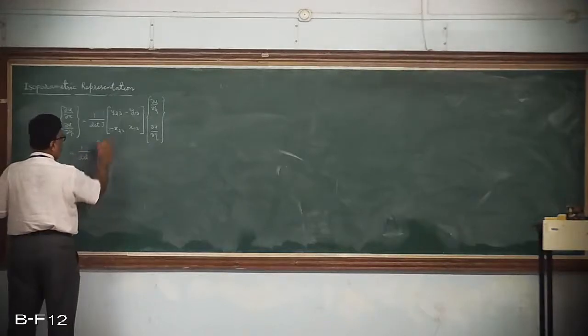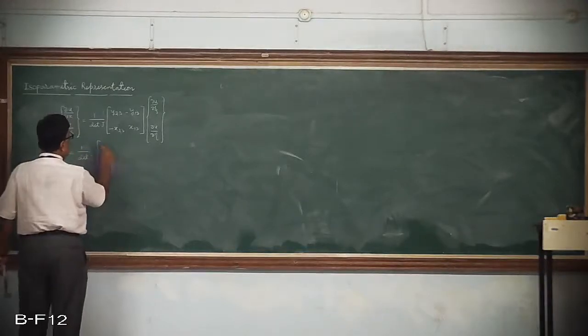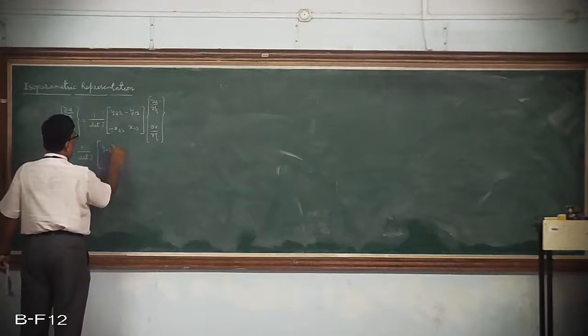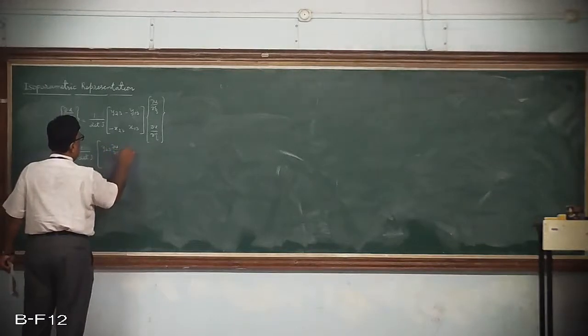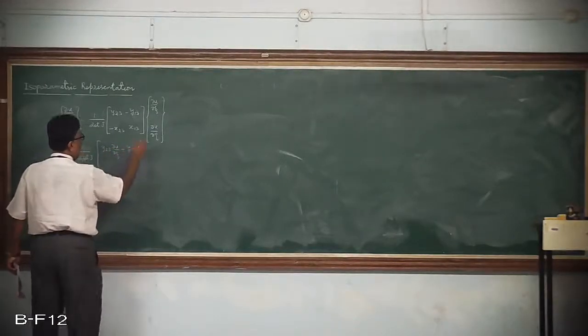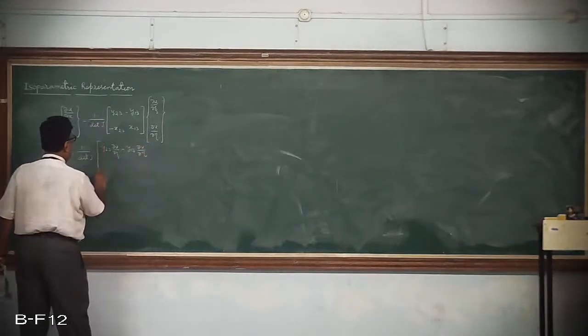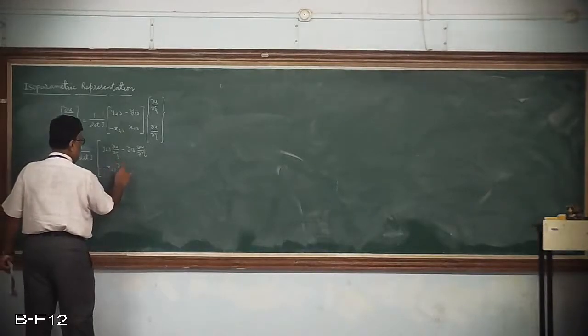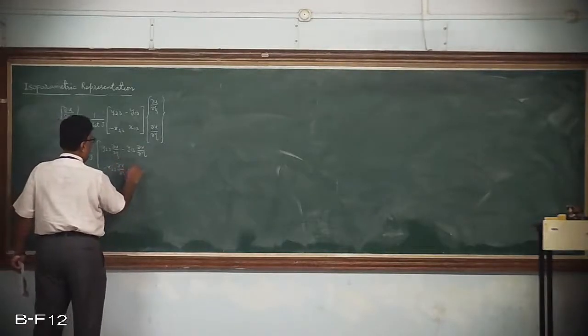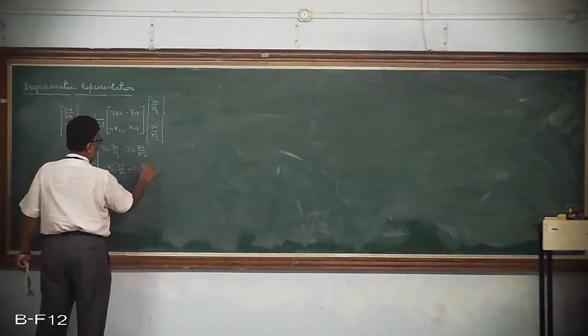If you look at this, it is y23 dou u by dou zeta minus y13 dou u by dou eta. And similarly, if you go below, minus x23 dou u by dou zeta plus x13 dou u by dou eta.